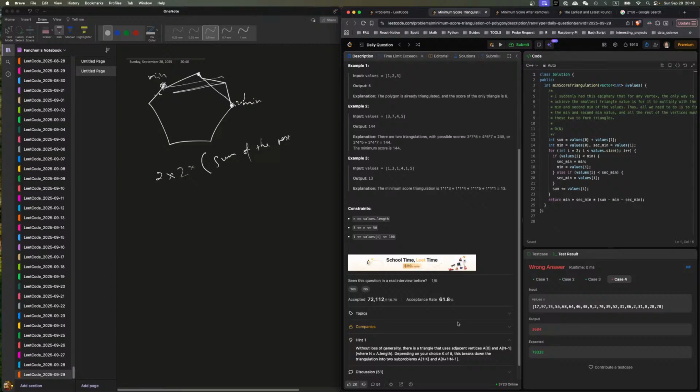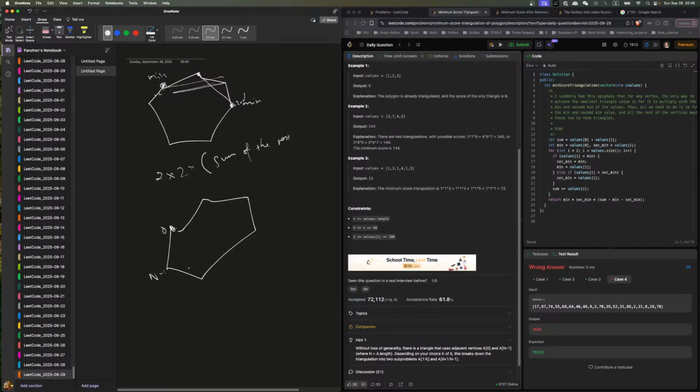Depending on your choice K, let's break down the triangulation into two subproblems. I think I know what it's trying to say. Let's say this is 0, this is n minus 1.